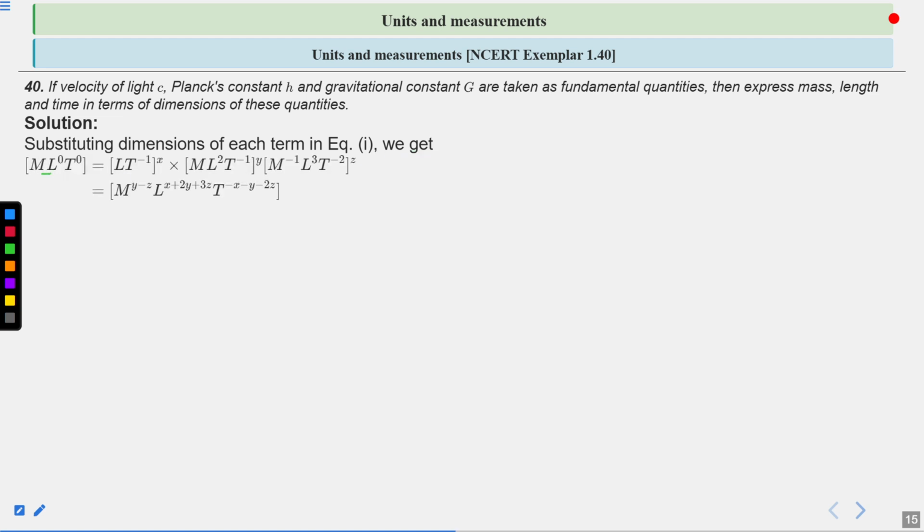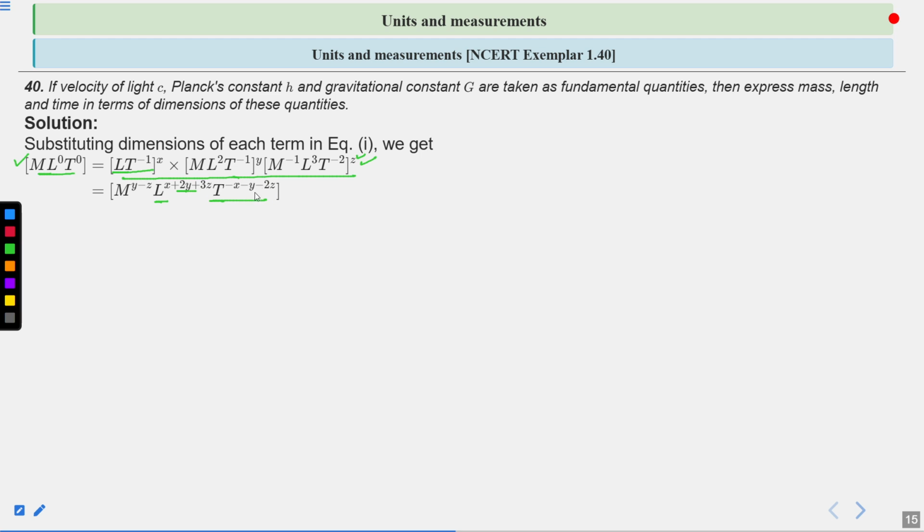M¹ L⁰ T⁰ on the LHS side, and on the RHS side (L T⁻¹)^x (M L² T⁻¹)^y (M⁻¹ L³ T⁻²)^z. Multiplying the powers with the inner terms, it will be M^(y−z), L^(x+2y+3z), and T^(−x−y−2z).